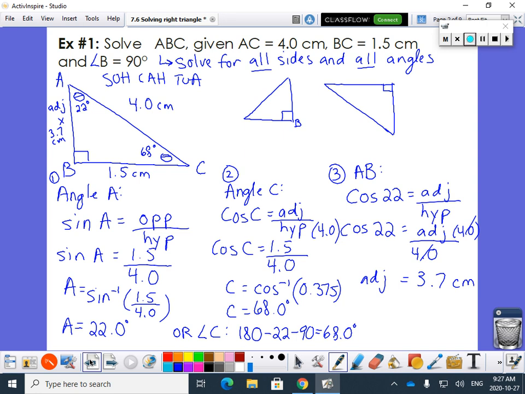So we could have done tan of 68 because we need the opposite, but we have the adjacent. So O and A. What's another one if you still used angle 68? I need opposite, but I have hypotenuse. So you could have done sine of 68, O over H. And every single answer is going to give you 3.7.